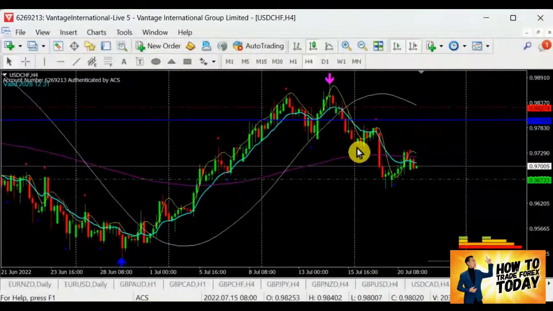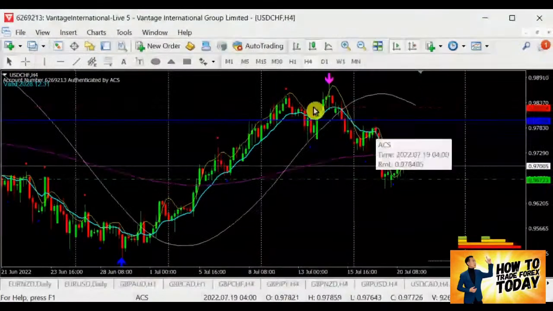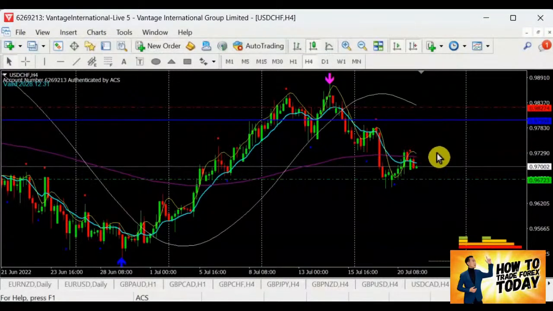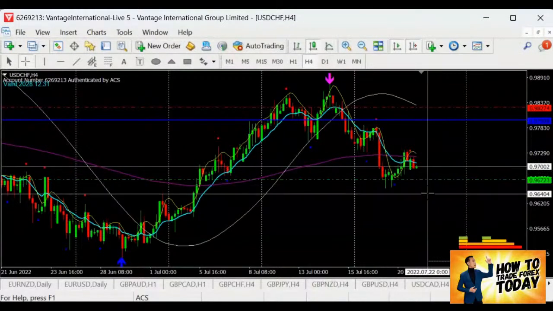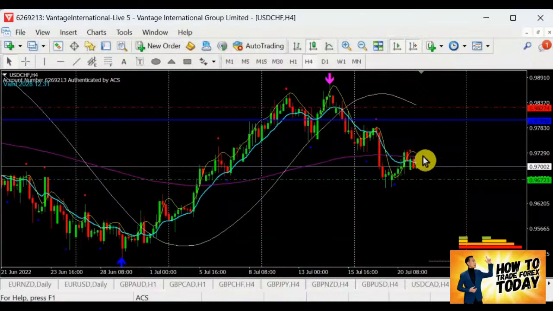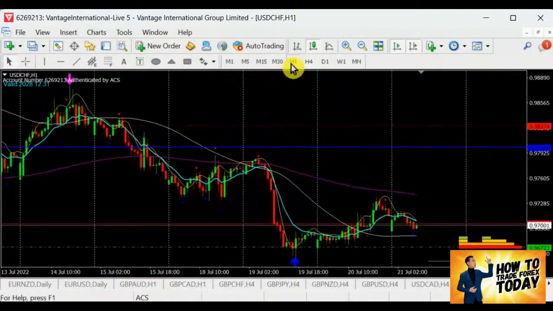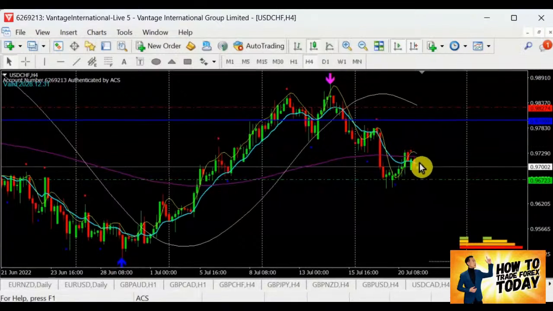I see the sign of a lower resistance, and the lower resistance is coming again here, and it seems like it's going to create a lower low. So in this case, since it's going to create a lower low, probably in the next few days we can see a good chance to sell. So I will be selling this.